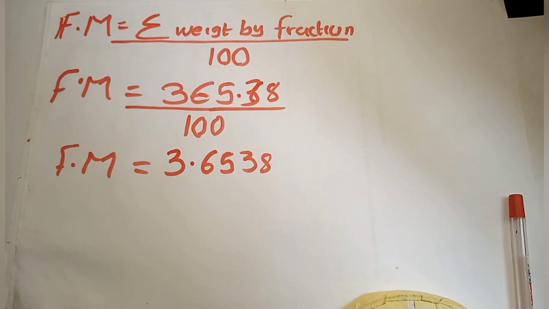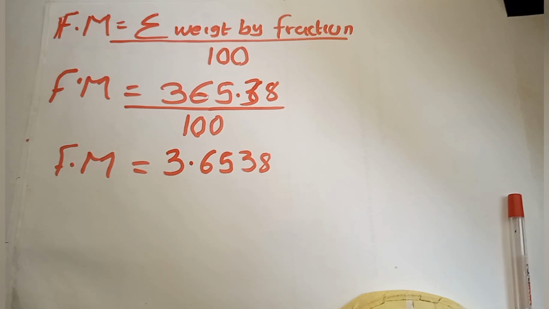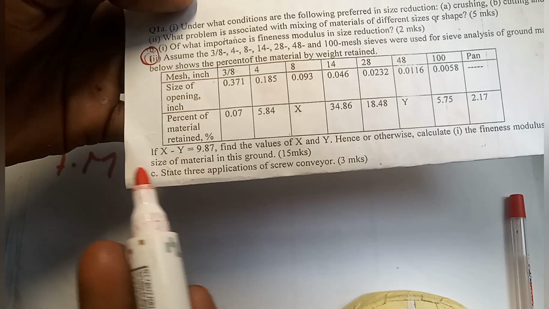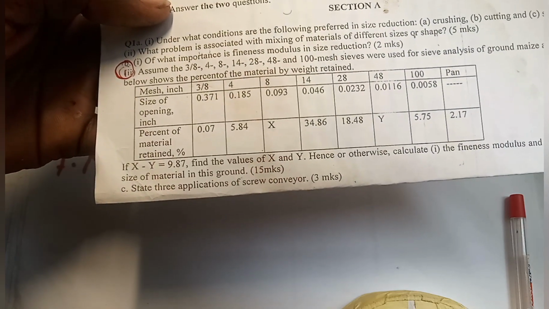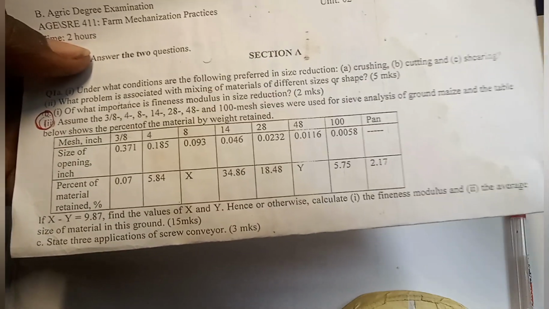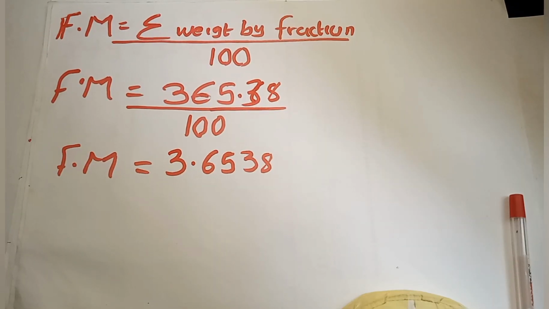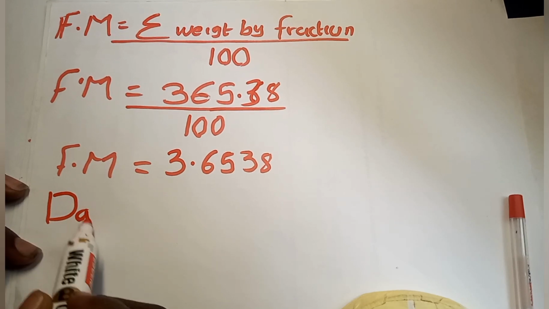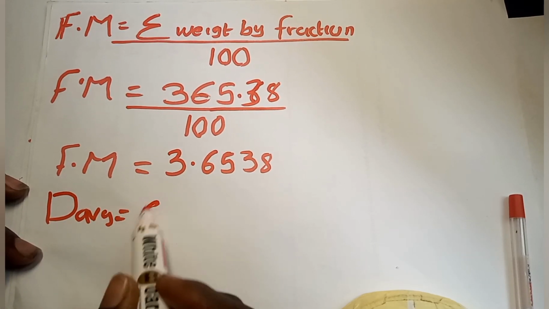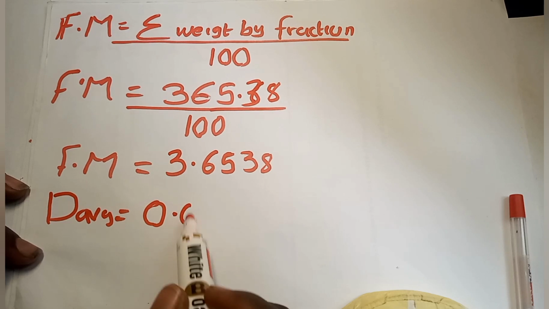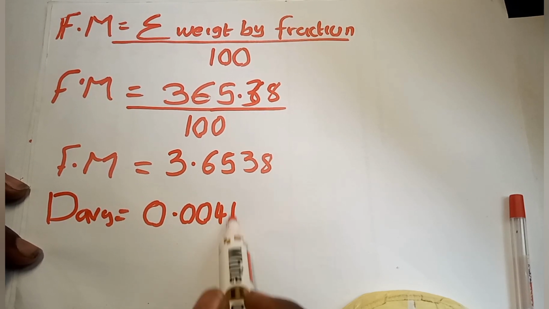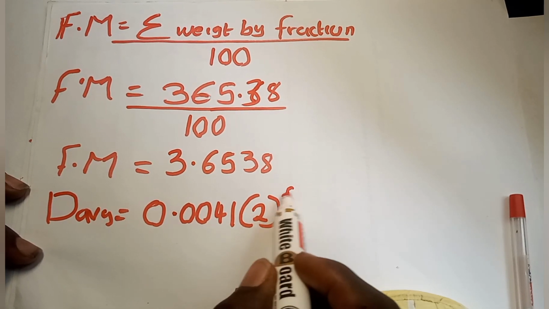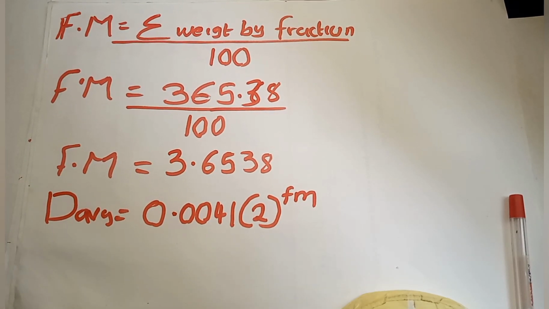The question proceeds and says we should calculate the average size of the materials in this grant. If you want to calculate that, don't forget the formula that I drew up in my previous video: D average, DAVG, equals 0.0041 into bracket 2 raised to the power of the fineness modulus.